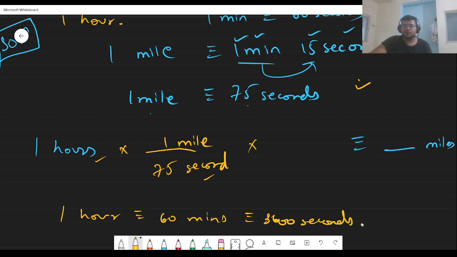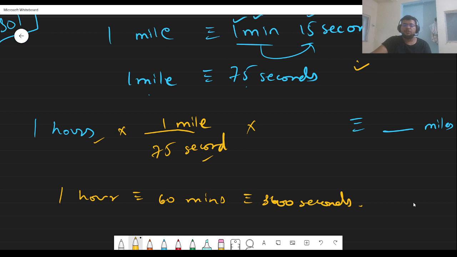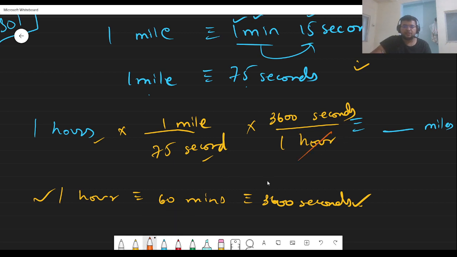I hope you're getting what I'm trying to tell you. So here I can use the conversion factor between hour and seconds. Hour is in the numerator, so it will go in the denominator: 1 hour over 3600 seconds. Now the hours cancel, and we remain with miles.